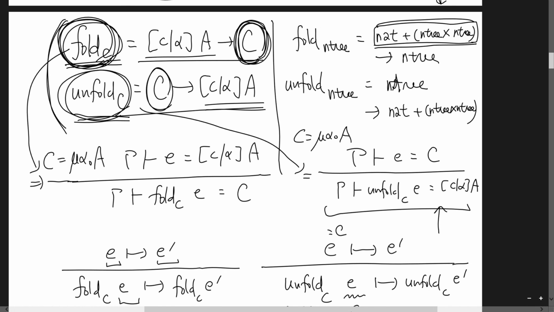If we look at the example of natural number 3, in order to create a natural number 3, you have to eventually apply this fold function after creating a value of this sum type, either from this singleton natural number or from this pair of natural number 3s. Eventually, you will have to apply this fold function.